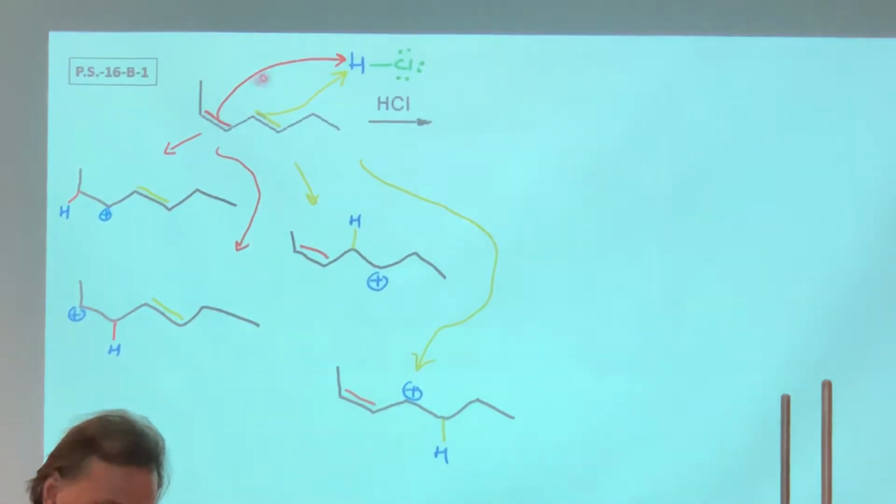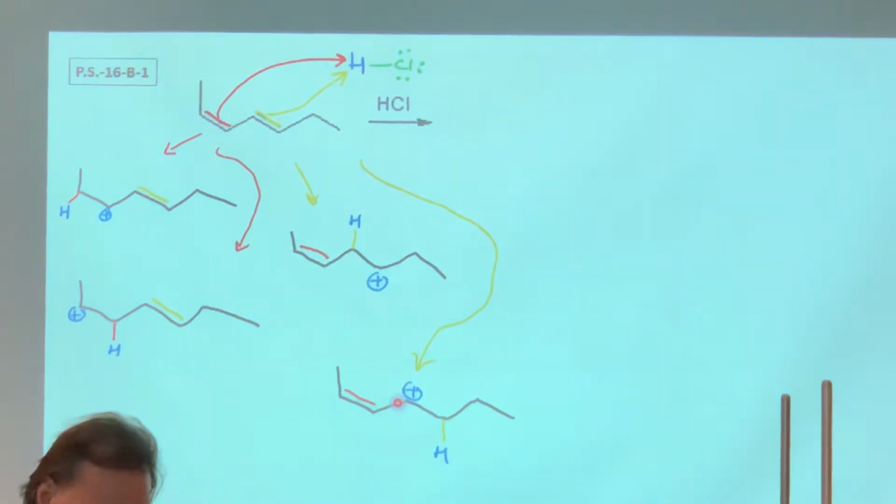The red bond can attack the hydrogen, and can put the hydrogen either here, or can attack hydrogen and put it here and put the plus charge here, yes? The orange can attack the hydrogen and put the hydrogen over here, or you can put it over here and put the plus charge here.